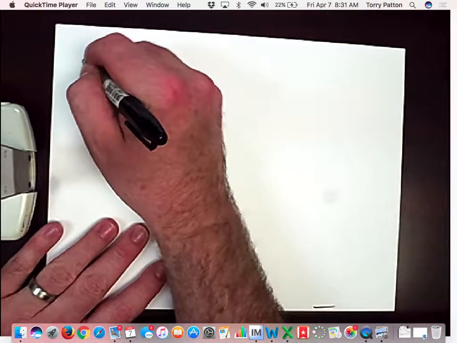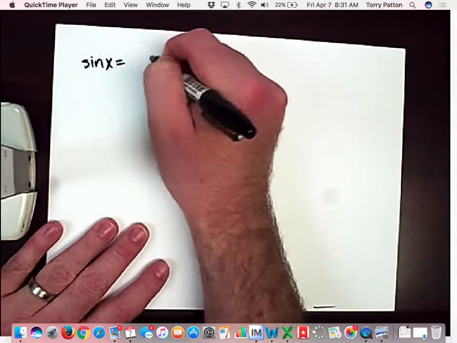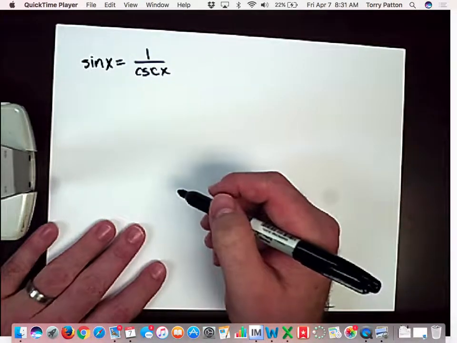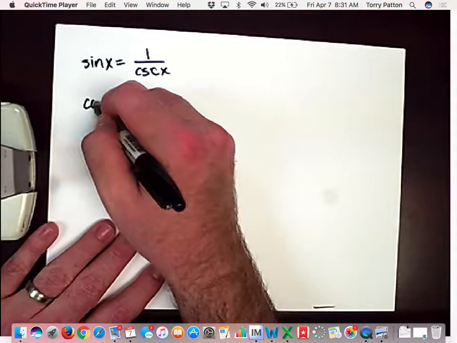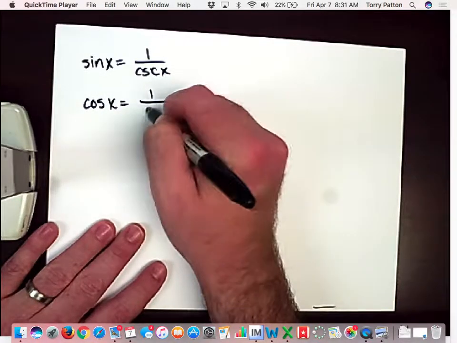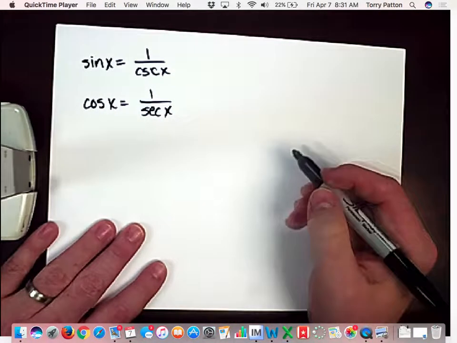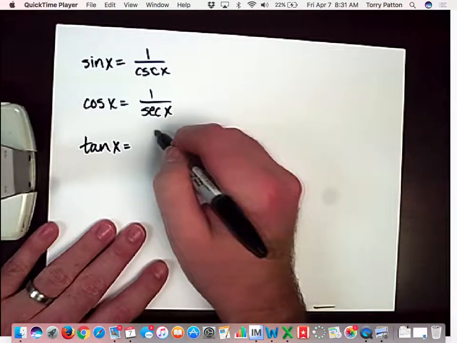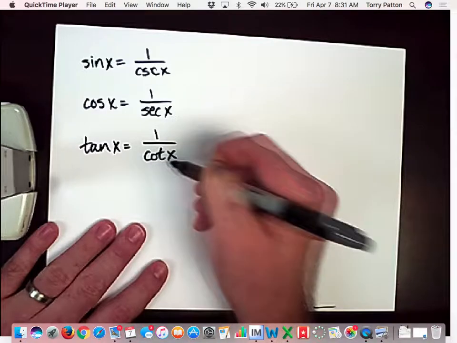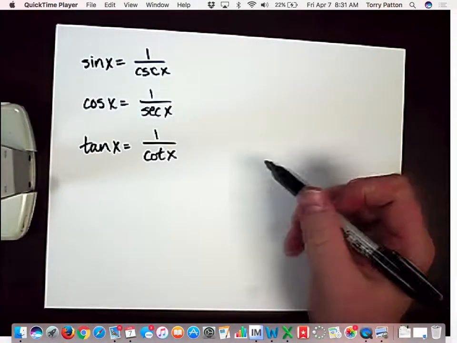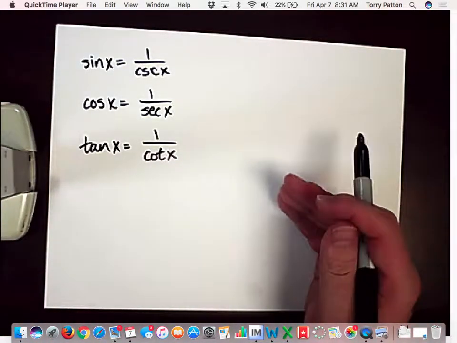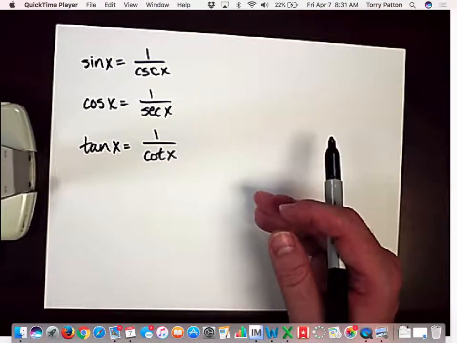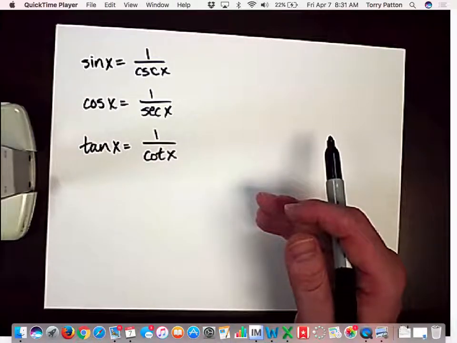So we know that sine of x is 1 over cosecant of x, cosine x is 1 over secant of x, and tangent x is 1 over cotangent x. Now you could also write that reverse. Cosecant is 1 over sine, secant is 1 over cosine, and cotangent is 1 over tangent, right?